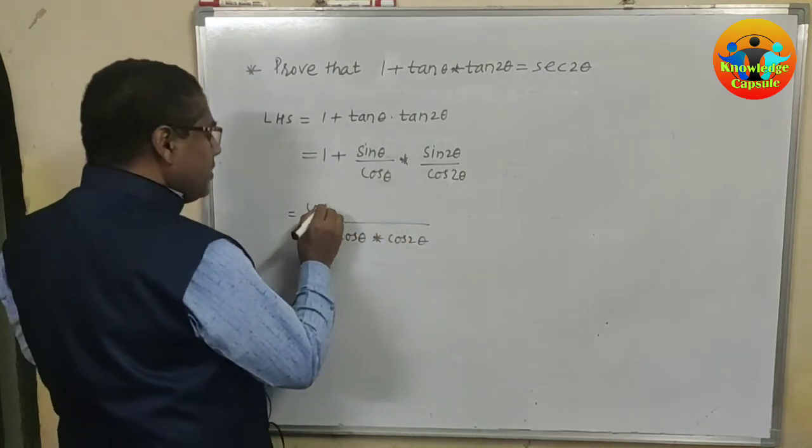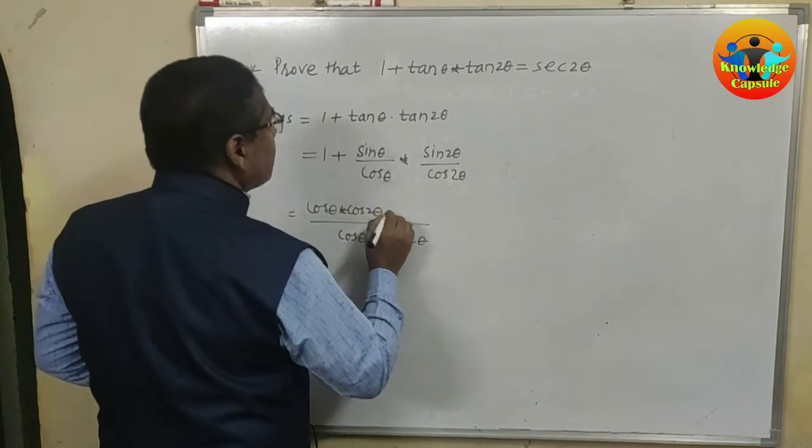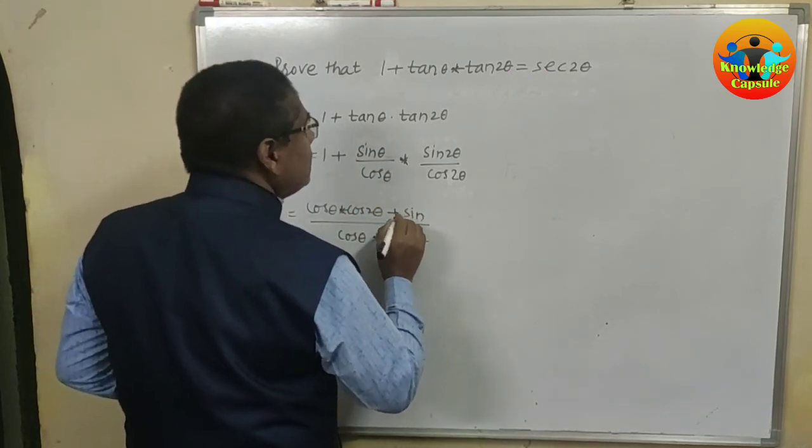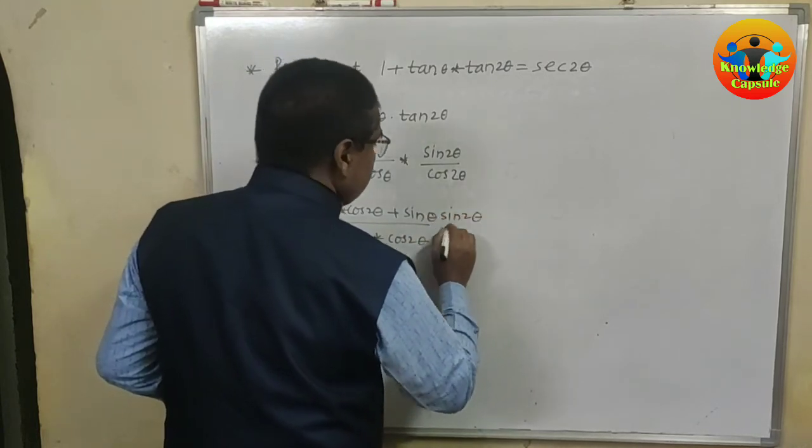Here we get cos theta into cos 2 theta plus sin theta into sin 2 theta.